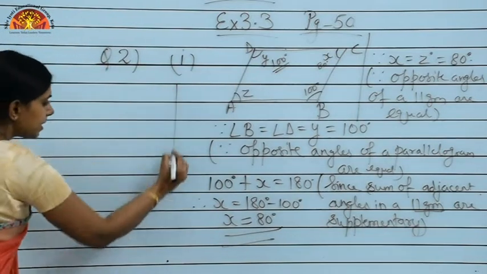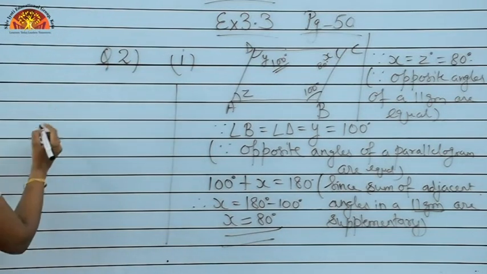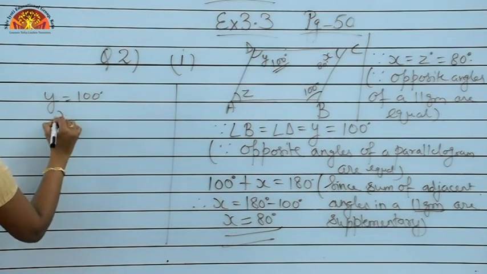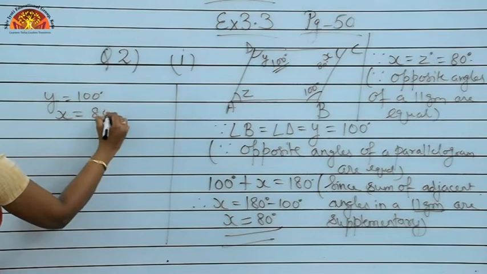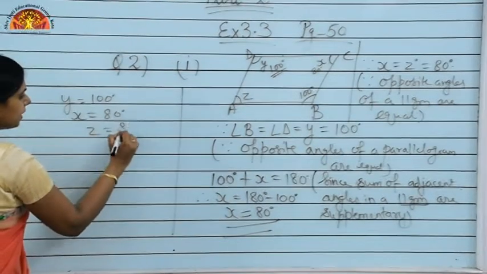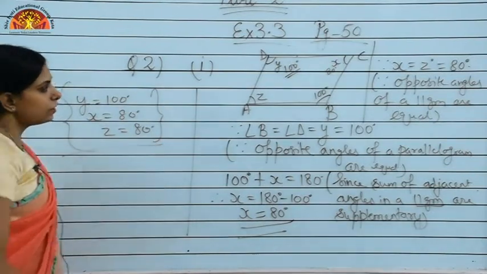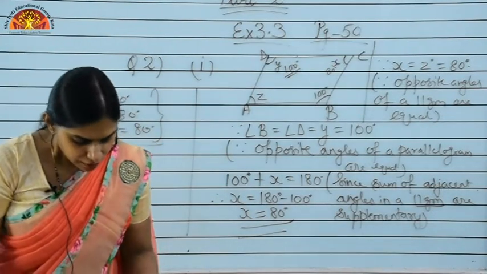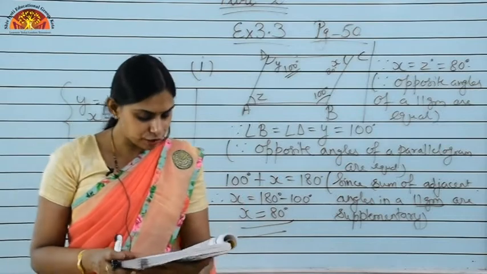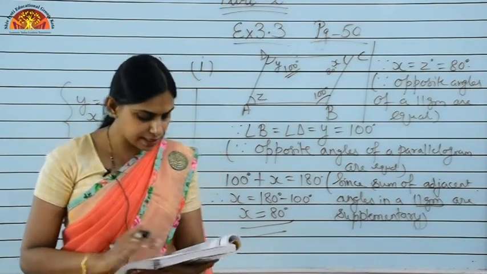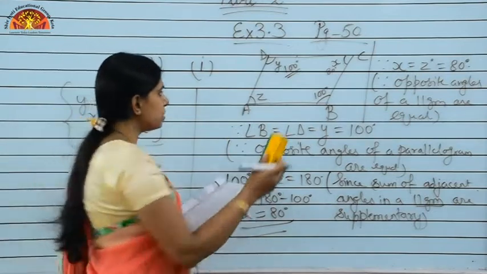Now we can write the measures. What is the measure of y? Y is equal to 100 degrees, x is equal to 80 degrees and z is equal to 80 degrees. So this is the answer for all the three unknown variables. Okay. Now just see another question over here, children. It's question number 6. Just go through the question.